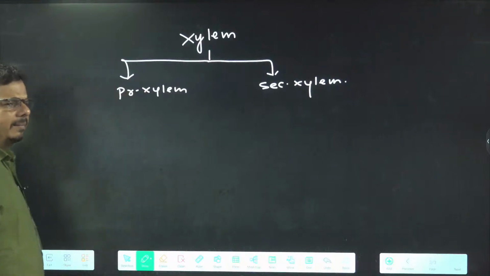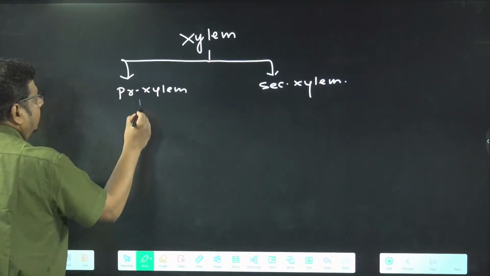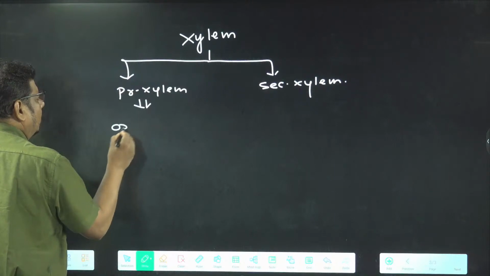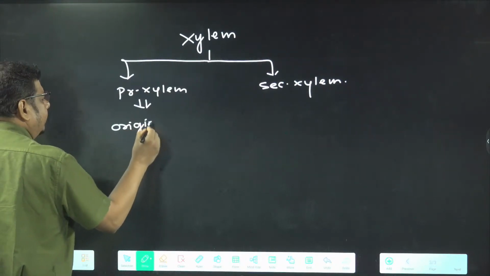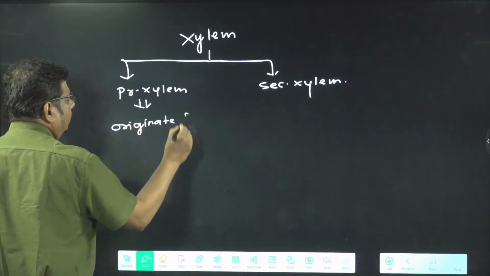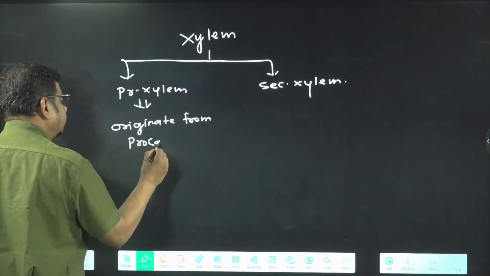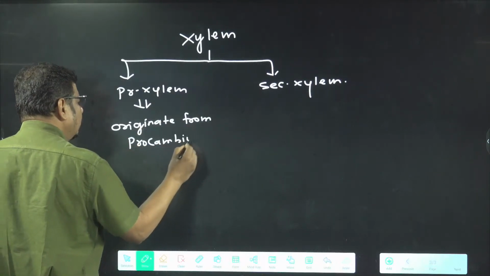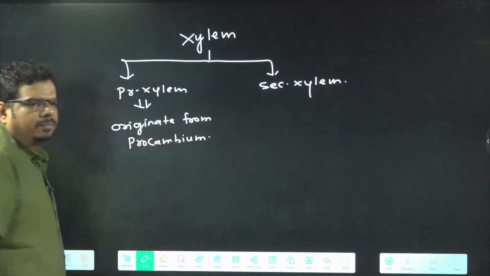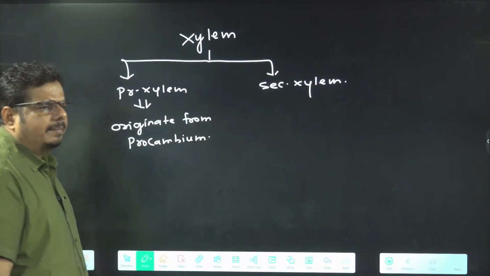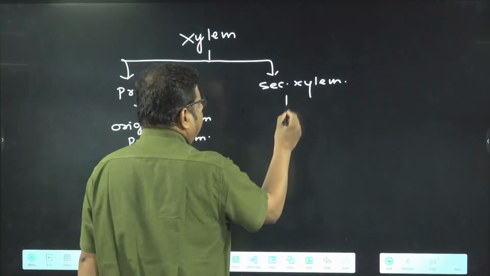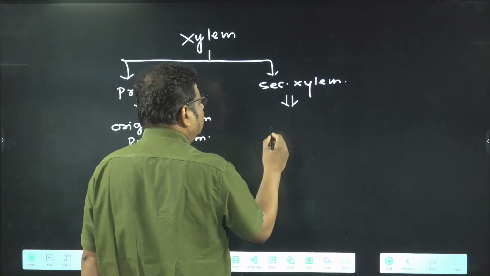Can anybody tell me from where this xylem originates? Primary xylem, keep in your mind, originates from procambium. Procambium is forming the primary xylem. And secondary xylem originates from which one?